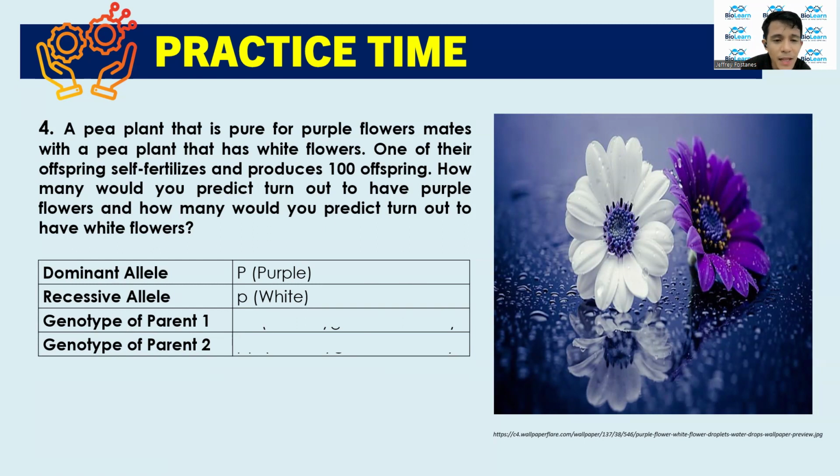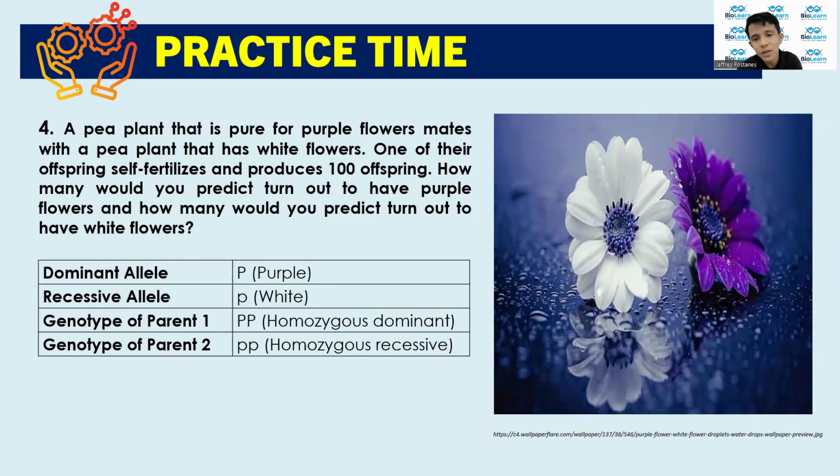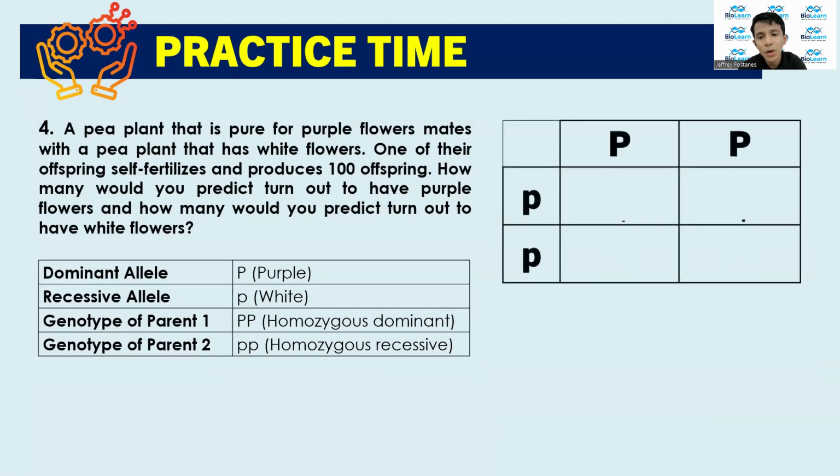It says there, a pea plant that is pure for purple flowers. So that must be homozygous dominant T. And parent 2 is a pea plant that has white flowers. That's homozygous recessive t. And then it says there, one of their offspring self-fertilizes and produces 100 offspring. So let's first do a Punnett square for the parents.